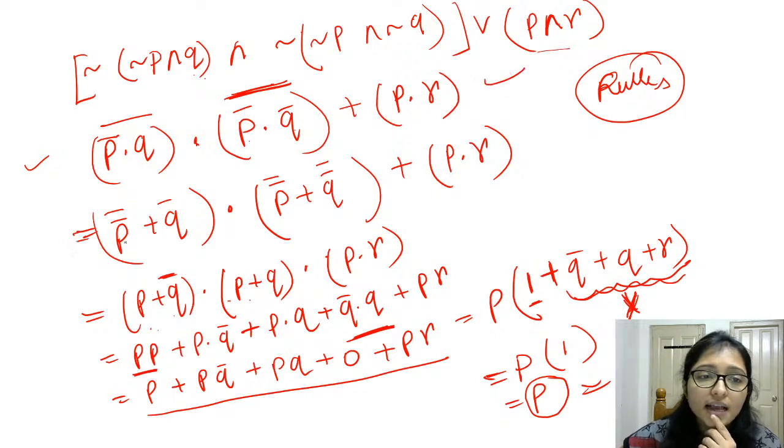Then this line is using De Morgan's law, P bar plus Q bar.